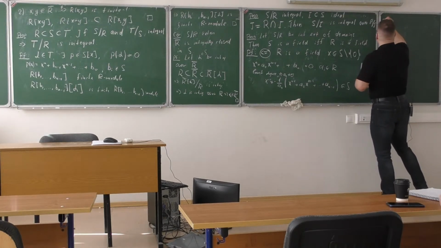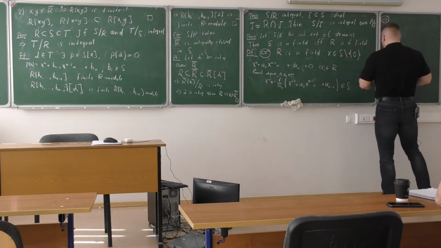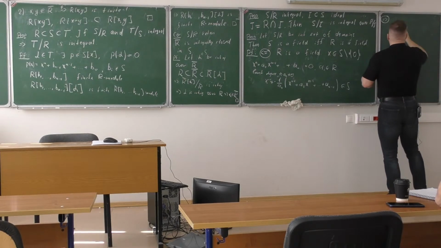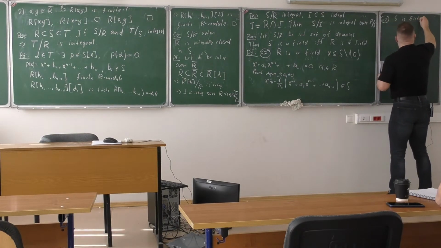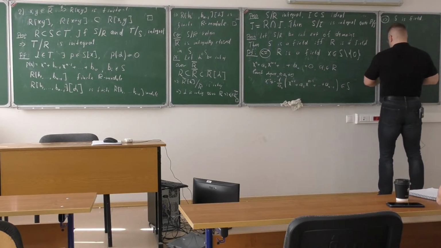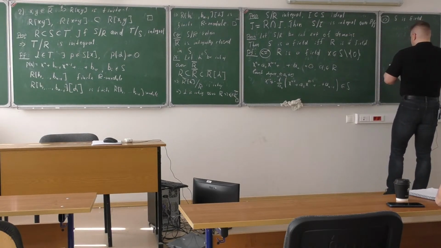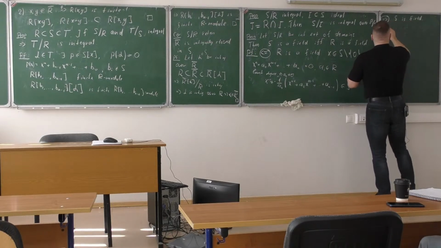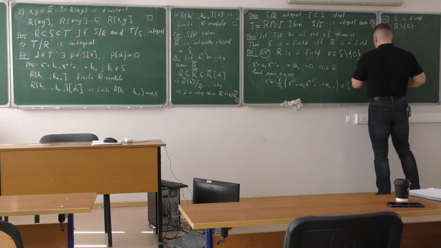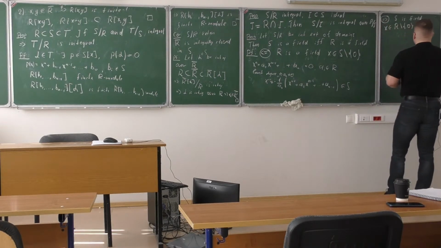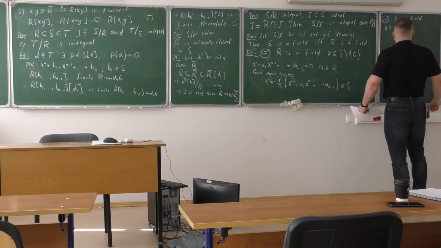Okay, now let's go in the other direction. Here I know that S is a field. As before, let's take x in the ring R, which is not a zero element. I want to show that there is an inverse.